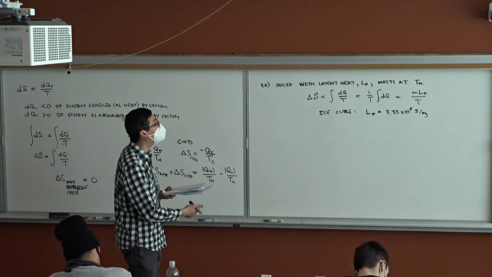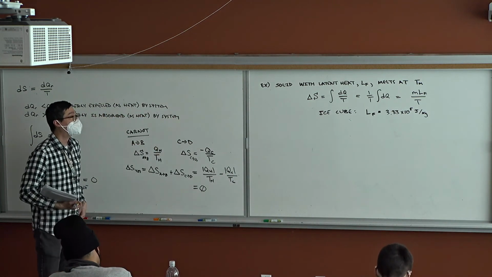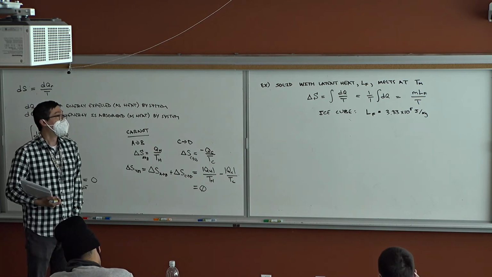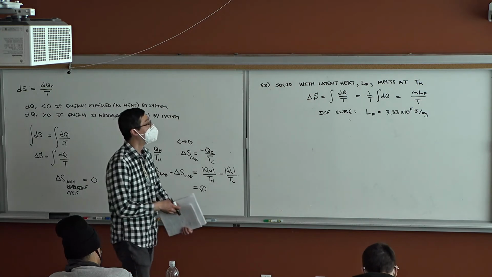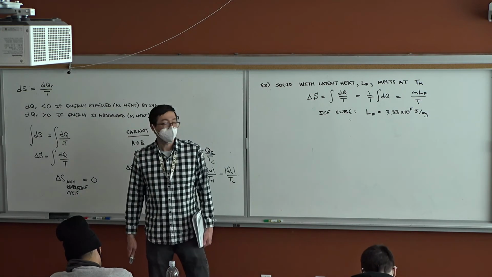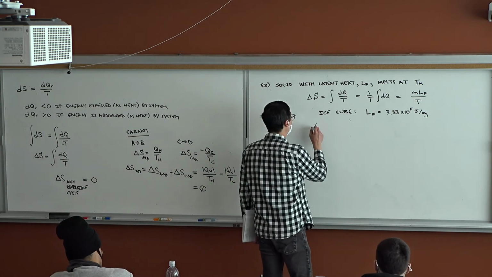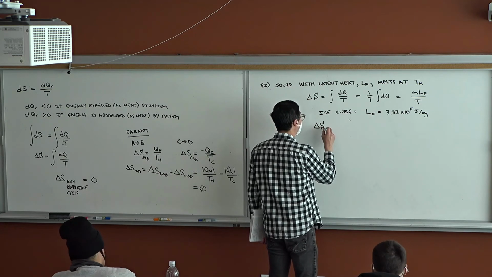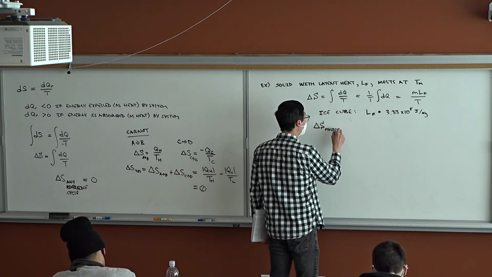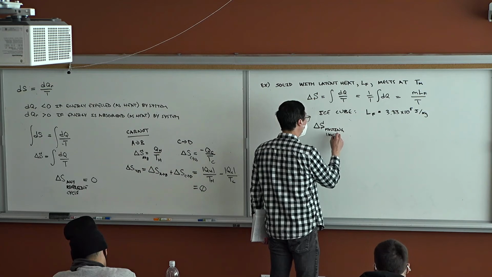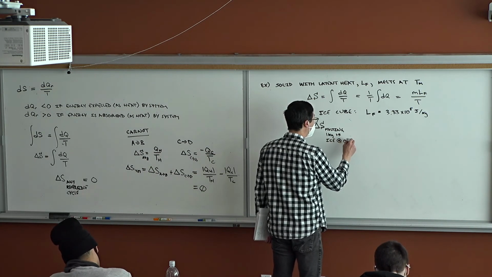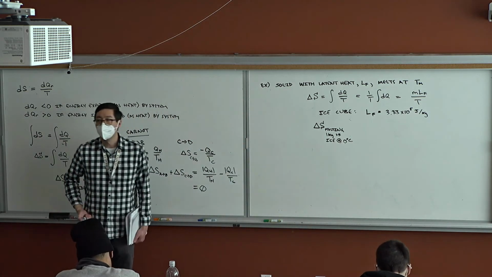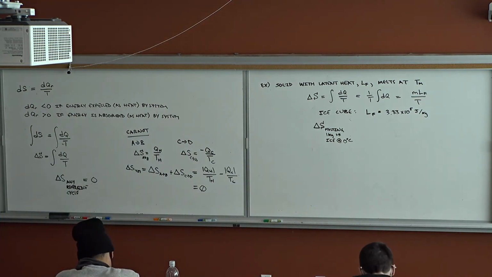And so we did this for, say, 1 kilogram. What would we expect? So delta S melting 1 kilogram of ice at 0 degrees Celsius. I'm picking this specifically to illustrate a point.